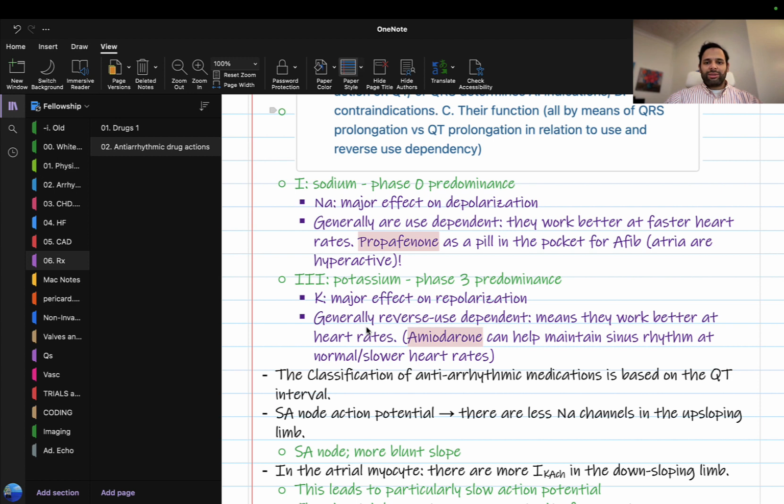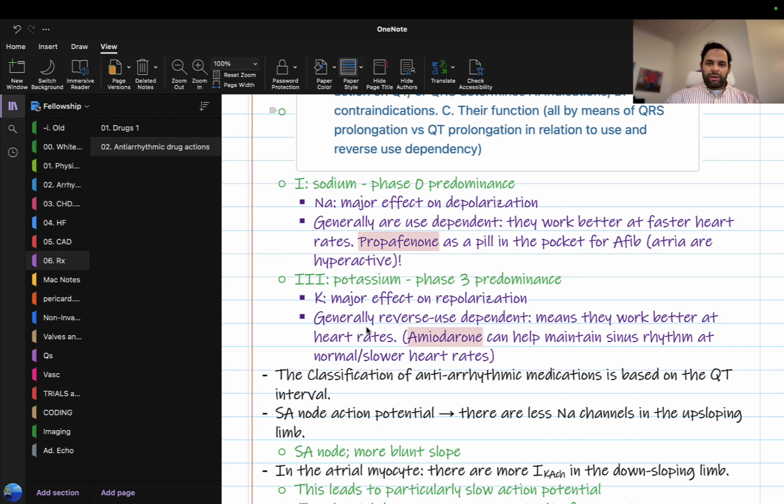Propafenone is a class 1C, and it is a pill in the pocket for atrial fibrillation because atria are hyperactive. A note on propafenone is that it can organize a fast atrial fibrillation, slow down the atria just enough, and cause excessive conduction to the ventricles.